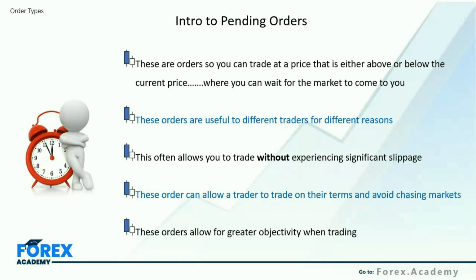Now, I suppose the biggest reason why traders use pending orders is that they absolutely allow for greater objectivity when they trade. And again, trying to remain objective is actually a really important skill as well.